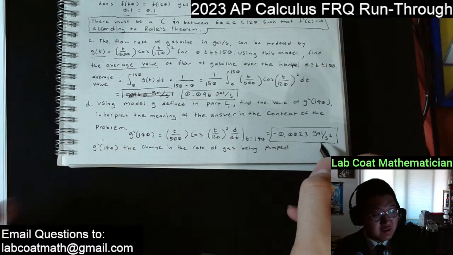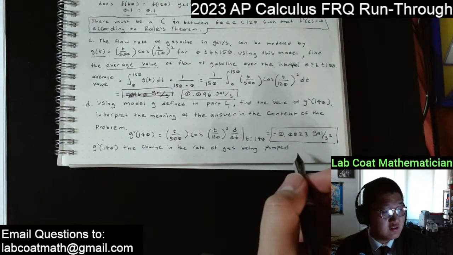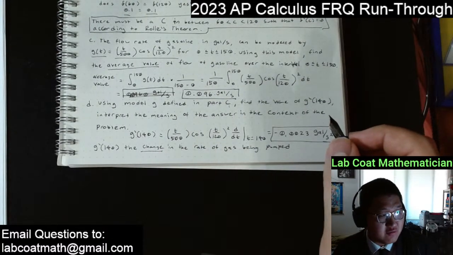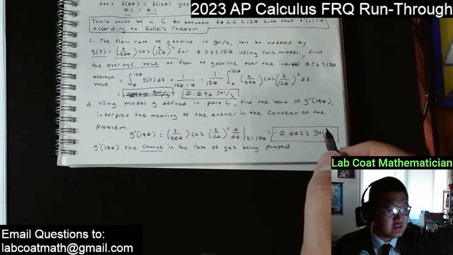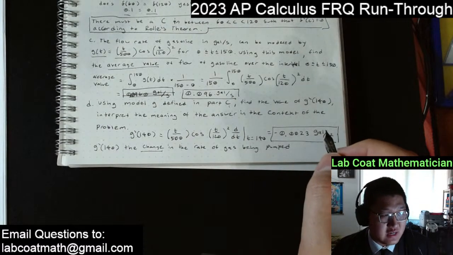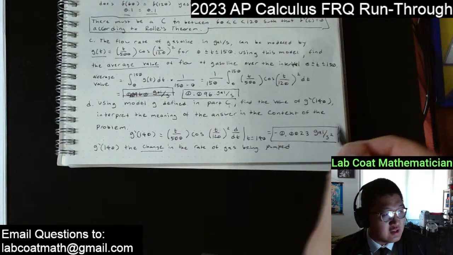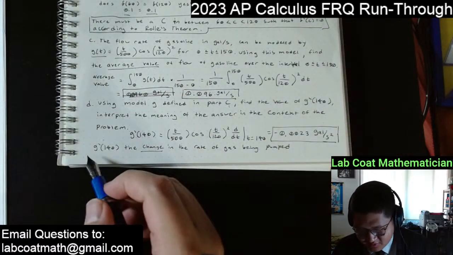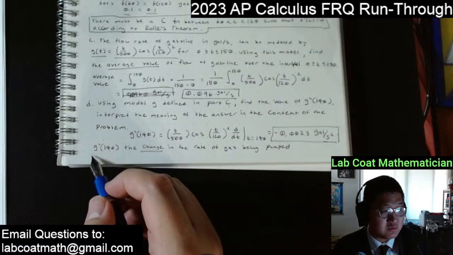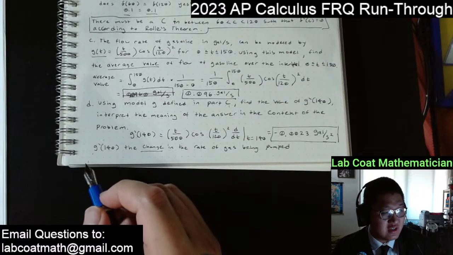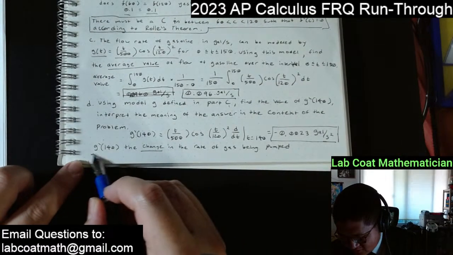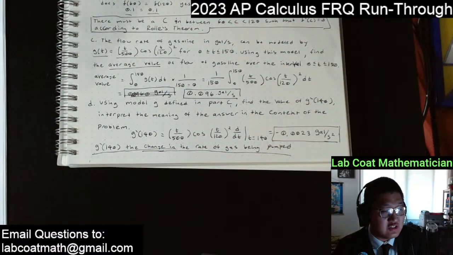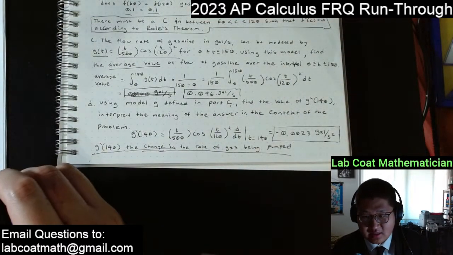Of course, if we take a rate of gallons per second and take another derivative, we are then monitoring how the flow rate itself is either increasing or decreasing. As we can see, using both the G prime and the regular function G, it can be used for things like speed up and slow down, as many times were asked in previous questions. But nonetheless, that's all they wanted us to show, that we understand, or at least give a good explanation of what the G prime of 140 looks like in this case.